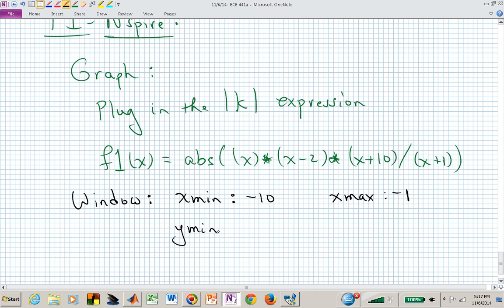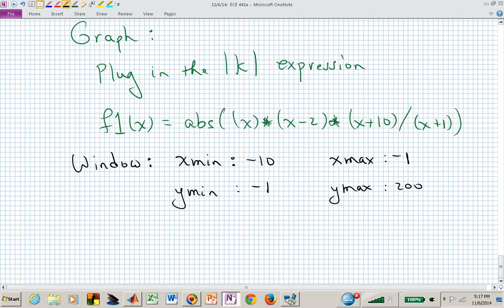And y min, we really don't know what we have just yet, so let's just maybe use some numbers and see. We know that at minus 1 it's going to go off to infinity, so hopefully we can see, if we set our window equal to 200, whether or not that's going to be sufficient.